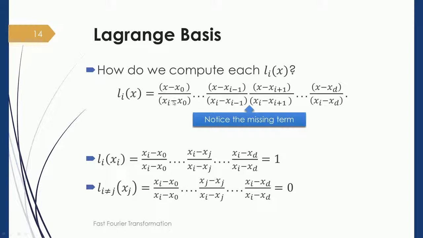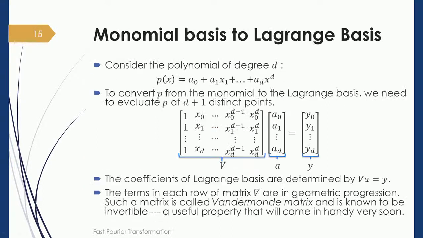Because they evaluate to the same value, they will cancel each other out, and so the entire right hand side will evaluate to 1. So, this is the reason why this formulaic way to compute the Lagrange basis works.